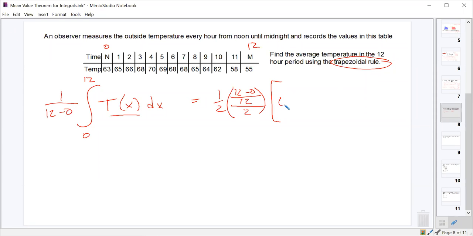And then we'll have 63, and we'll have 2 times 65, and 2 times 66, and so on, 2 times 58, and then at the very end, just a singular 55. And what does that come out to be? I'll let you punch that all into your calculator and see what you get.